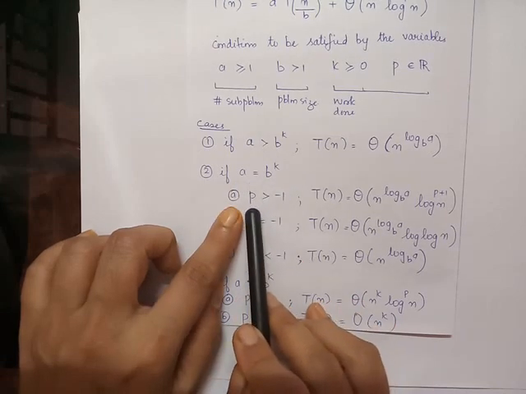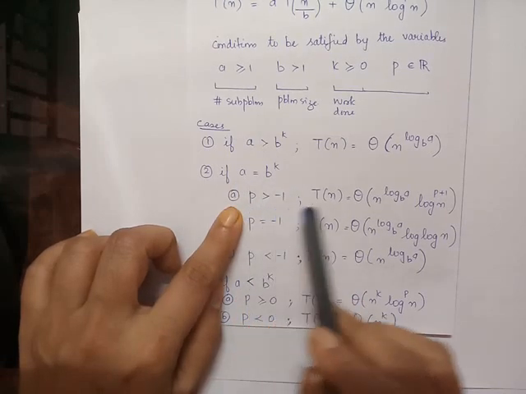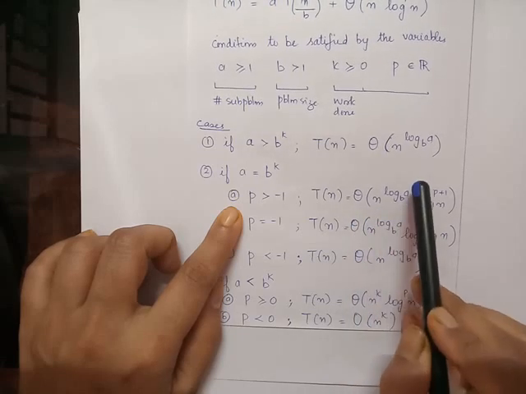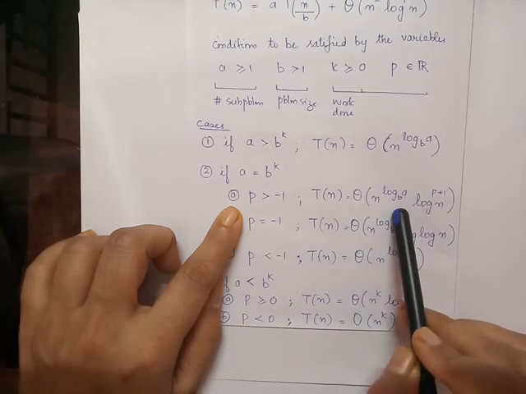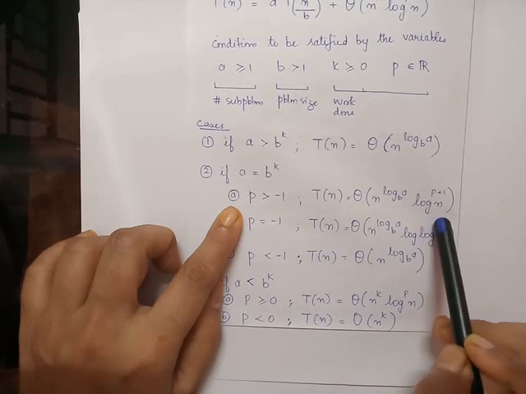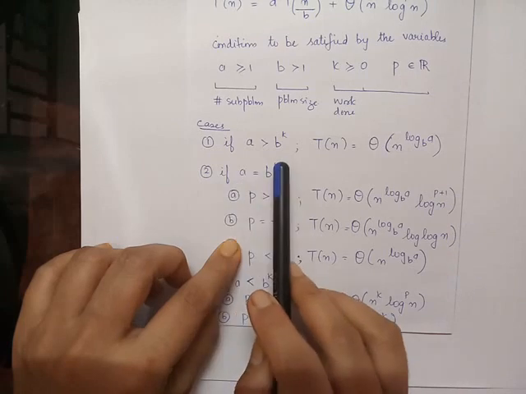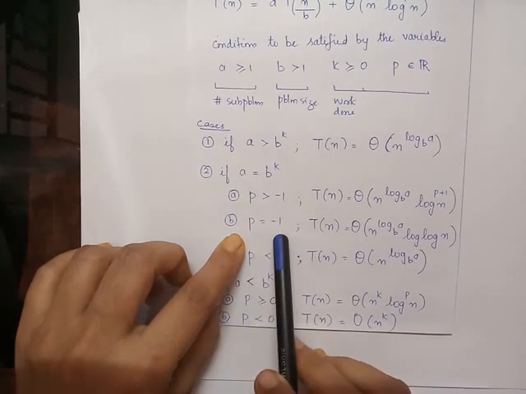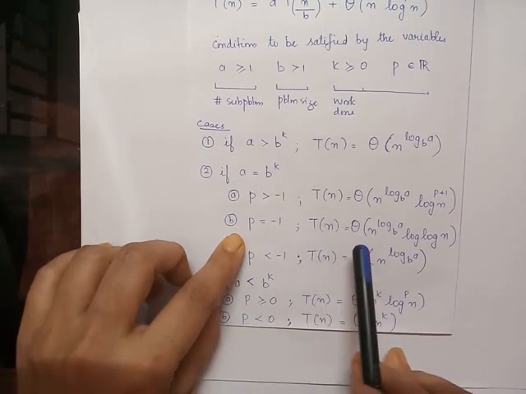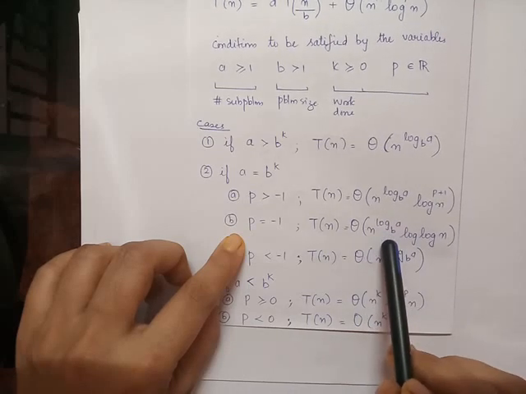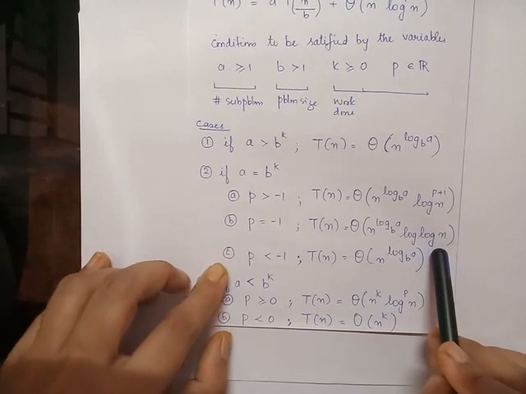If p is greater than minus 1, then T(n) is equal to theta of n raised to log a to the base b times log n raised to p plus 1. If a is equal to b raised to k and p is equal to minus 1, then T(n) is equal to theta of n raised to log a to the base b times log log n.